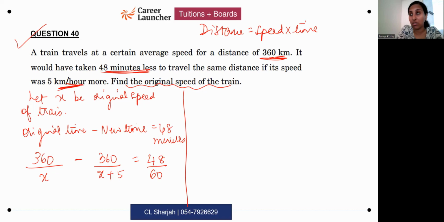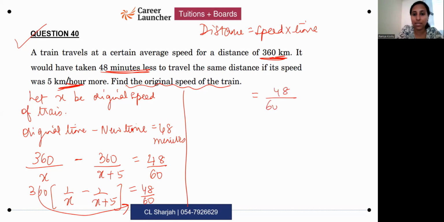That's your equation. Now how do you do the calculation quickly? Take 360 common out. I can move 360 to the denominator on the other side. So I can say 48 by 60 into 360. Here we can do the cancellations and simplifications.